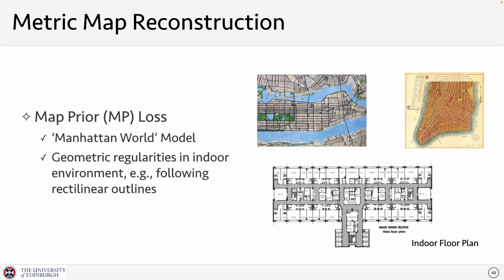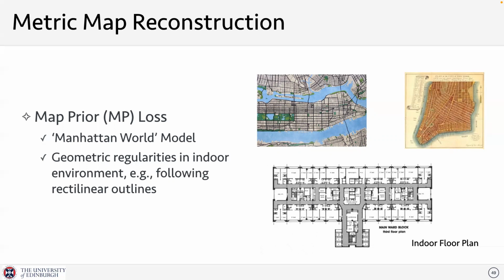And a very useful prior about maps is inspired by the commonly used Manhattan world model. As the name suggests, the Manhattan world model is grounded on the regularities of the scene statistics and assumes straight lines in most parts of a map, which is quite reasonable if you have a map of the city of Manhattan. That's just lines after lines, right?